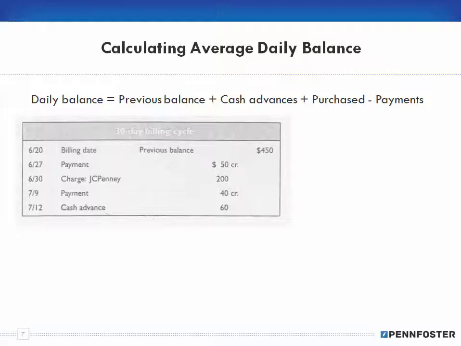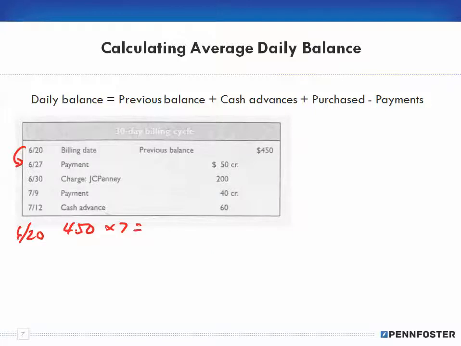Let's look at this example, which came from the textbook, so you can follow along. On 6/20, we had a beginning balance of $450, and we had that for a 7-day period, because between 6/20 and 6/27, that's 7 days.